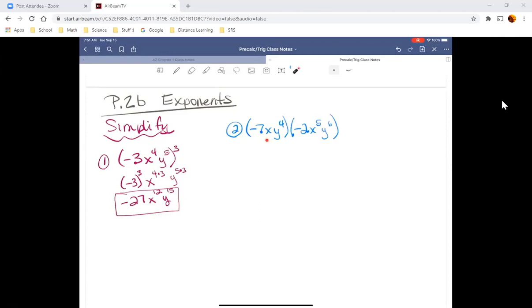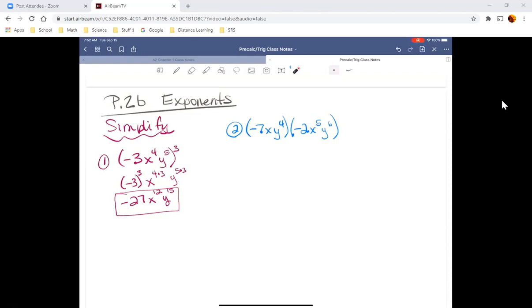So technically these are 2 sets of factors. And what are we doing to them? Like, what's that little operator right in between those parentheses? Are we adding them, subtracting them, multiplying them, dividing them? Multiplying them, right? So we're going to be using that product property.